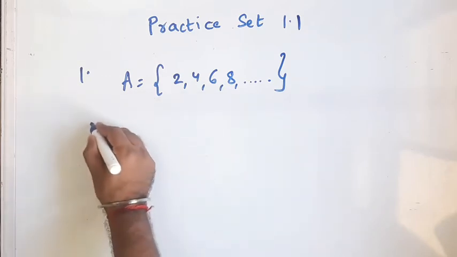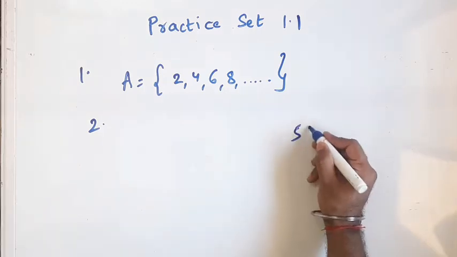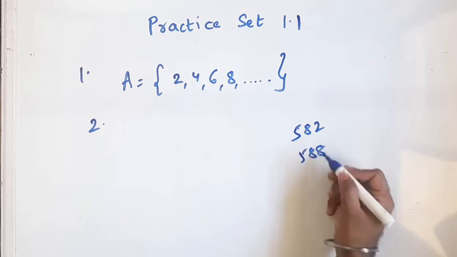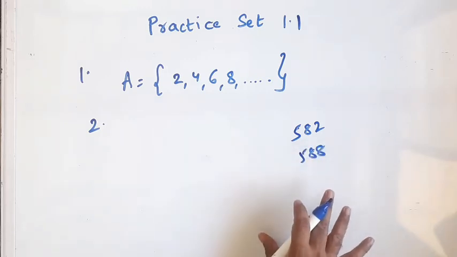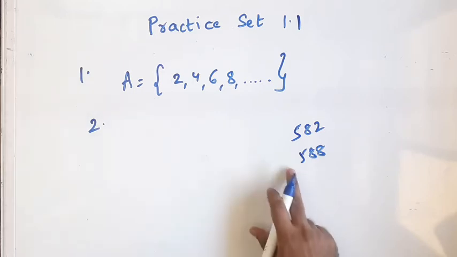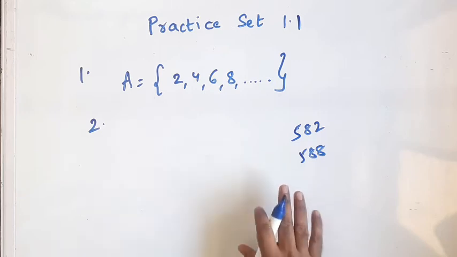Then second one is set of even prime numbers from 1 to 50. If you tell me any even number, say 582 or 588, I cannot call them prime numbers, because every even number is a composite number.